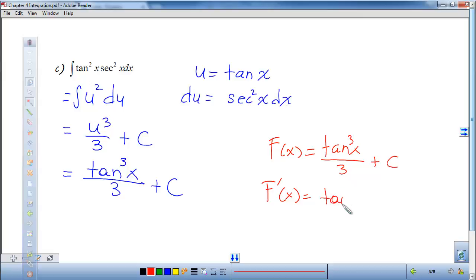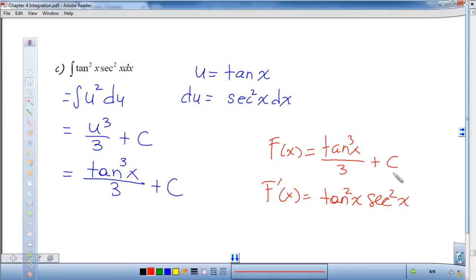So that would leave me with tangent squared x, but then I've got to take the derivative of tangent. We just did the derivative of the cube part so far. And so the derivative of tangent is secant squared x. And of course the derivative of c, or some constant, is just 0. So that brings us back to where we started.